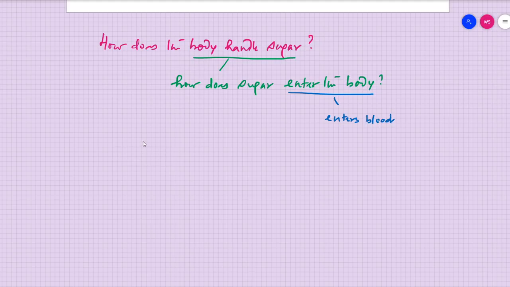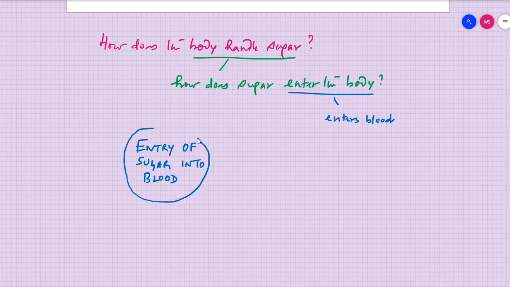Okay. So now we are going to look at entry of sugar into blood. Okay, as we mentioned, there are three ways by which sugars enter into blood.